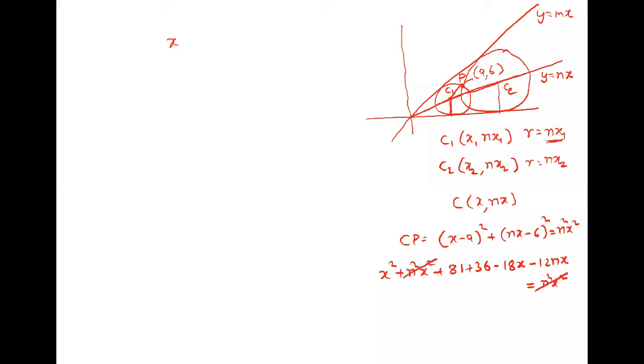We get a quadratic equation x² + x common, (-18 - 12n) x, plus this will give you 81 + 36, which is 117.